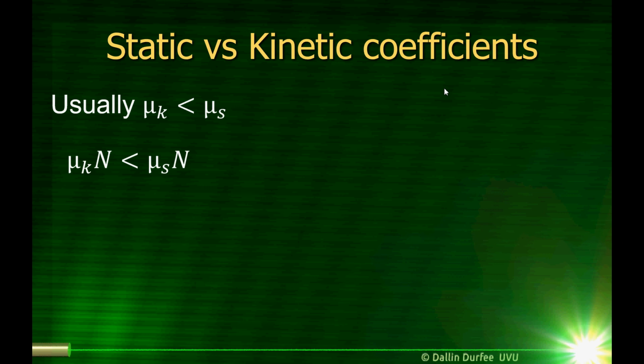So that means that the force due to kinetic friction is mu k times n, right? And the maximum force due to static friction is mu sub s times n. So that means that the maximum force possible with static friction is usually higher than the force due to kinetic friction. So the force due to kinetic friction is generally smaller than the maximum force you could have for static friction for a given interface, an object on a certain surface.